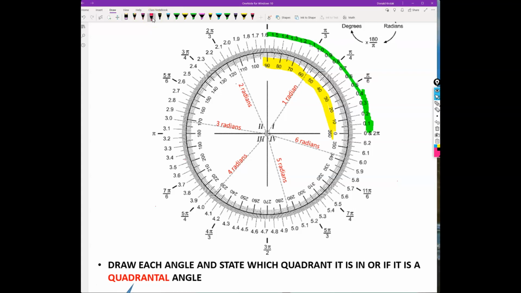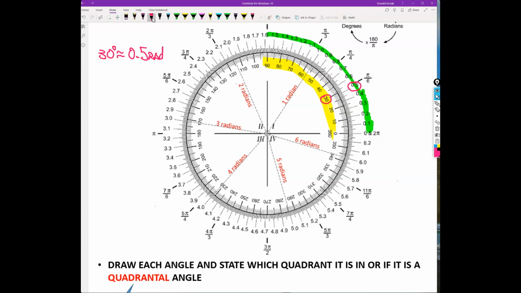So that allows you to see how these things compare. 30 degrees is just a little bit bigger than 0.5 radians. So 30 degrees is around half a radian.